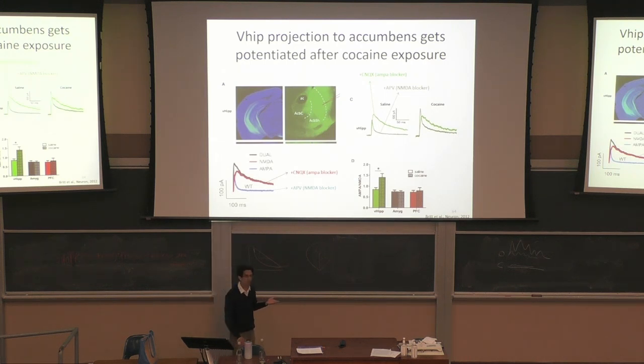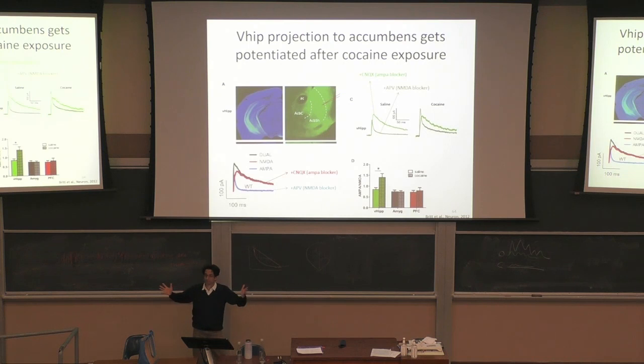And this is important because, as we talked about in the LTP class extensively, one major thing that happens after a projection gets potentiated or strengthened is that there is insertion of new AMPA receptors in those dendrites. So a common way to measure if a synapse has been strengthened is to measure if that synapse now has a bigger AMPA component than before potentiation, because you're inserting new AMPA receptors.